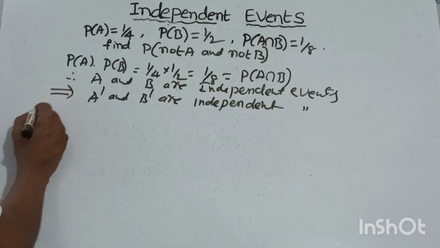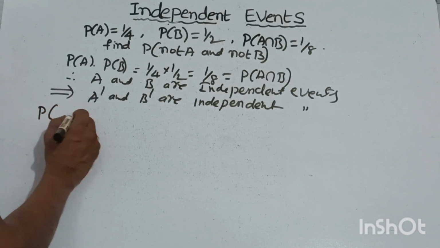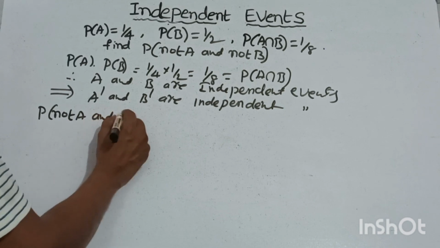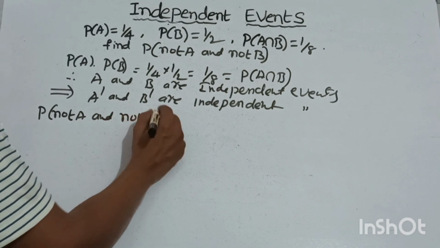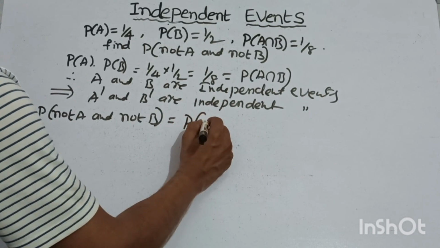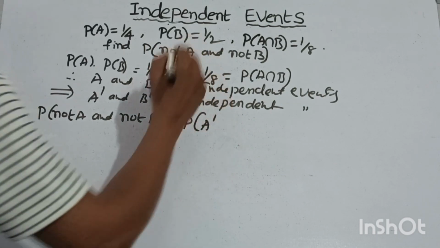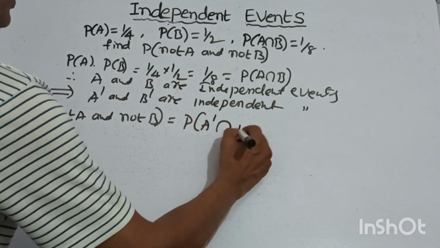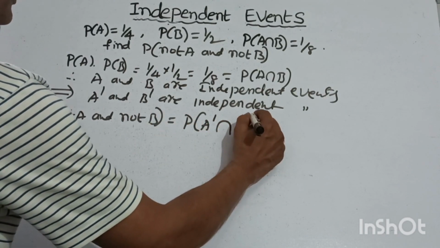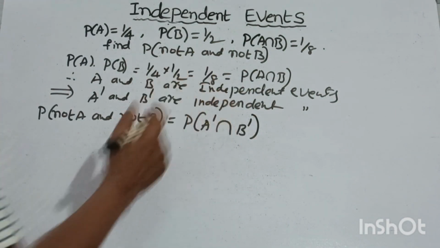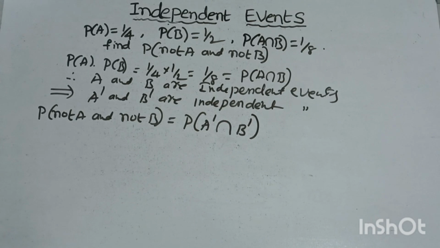So you have to find probability of not A and not B. So this is probability of not A, meaning complement of A, and intersection not B, that is complement of B. So this can be written as probability of A complement intersection B complement.